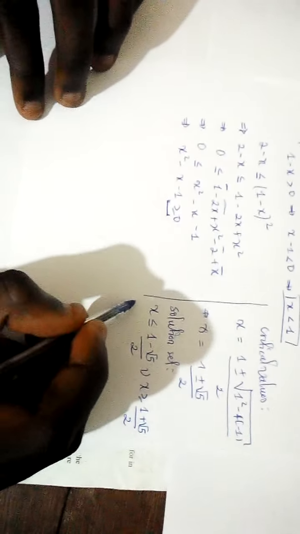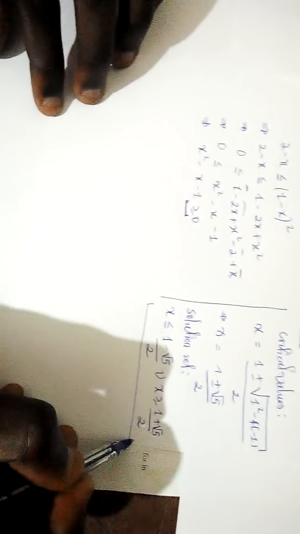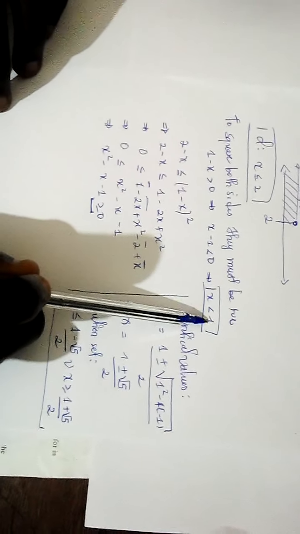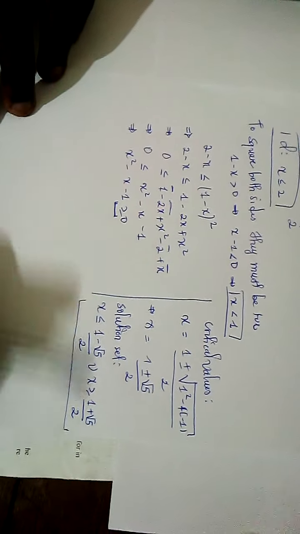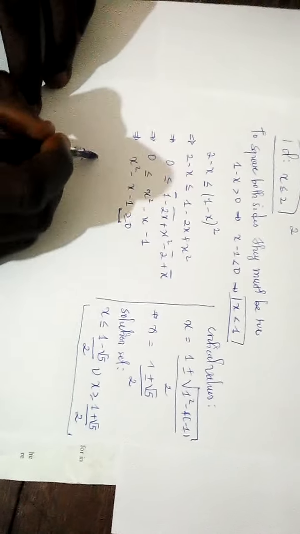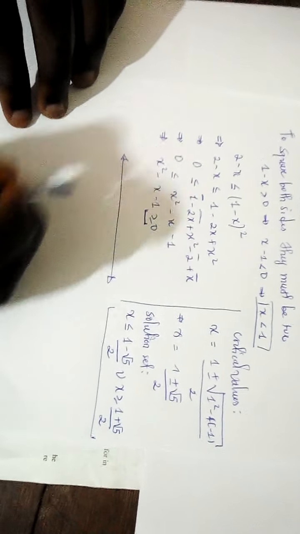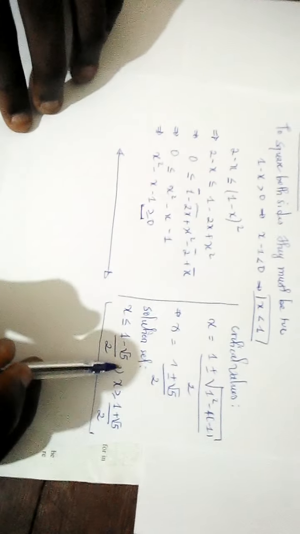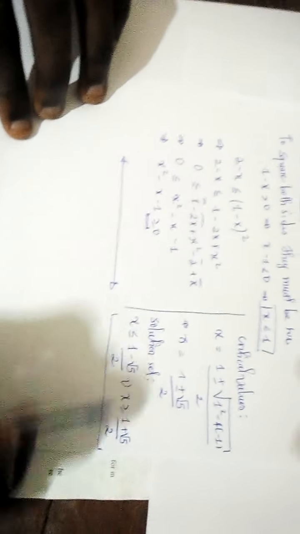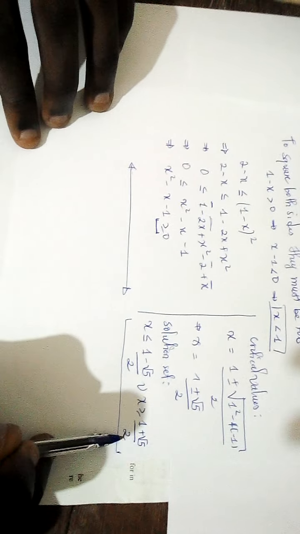But now for us to arrive at this response, we have the condition, which is x should be less than 1. That's a condition. So it means that we take the intersection between these two values with x less than 1. So we come to the number line. Now we need to get the approximate values of 1 minus root 5 on 2 and 1 plus root 5 on 2.